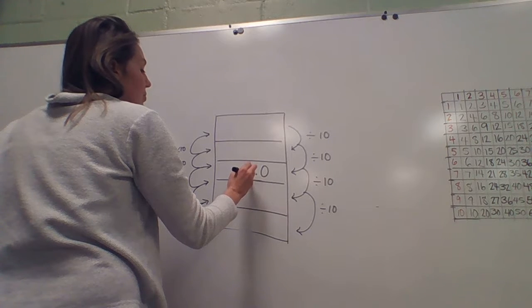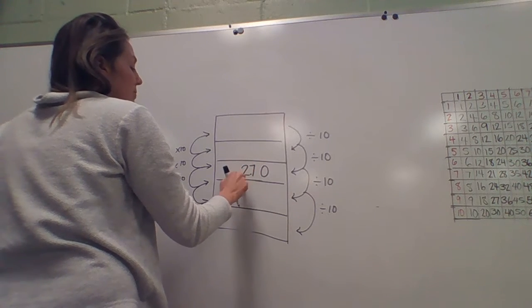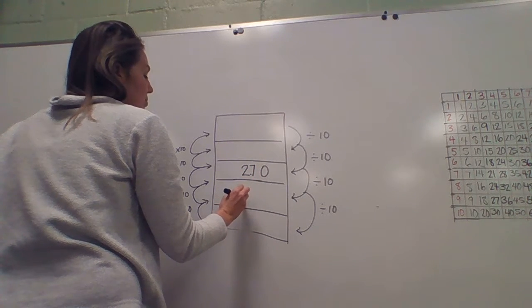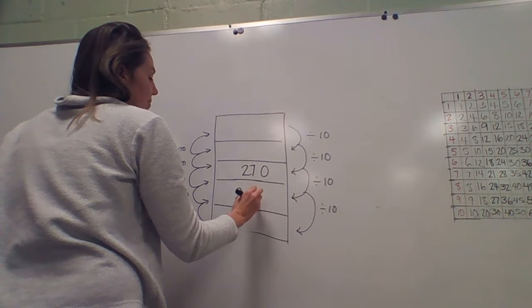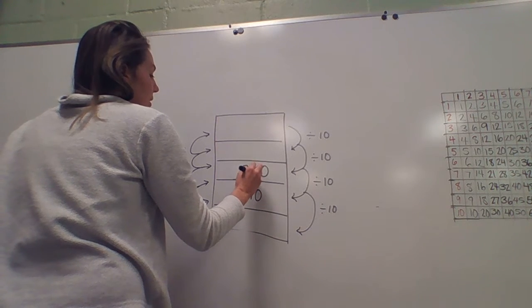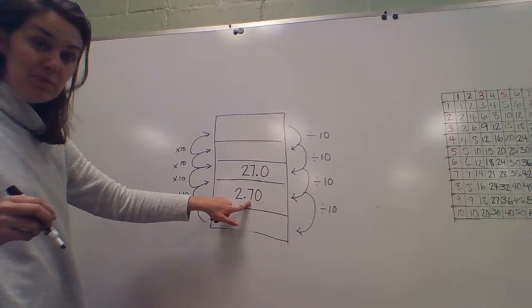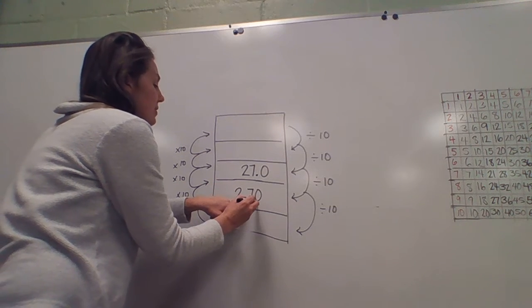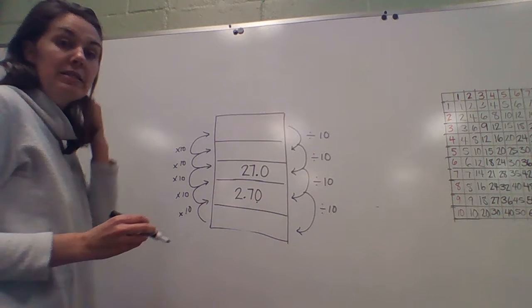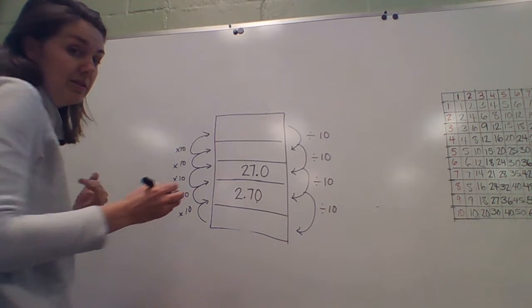So my new decimal place value would fall in between the 2 and the 7. So I would have 2.70. So now I have a 7 in the tenths place. But because I still have my 0 here, I'm going to call it 70/100ths.